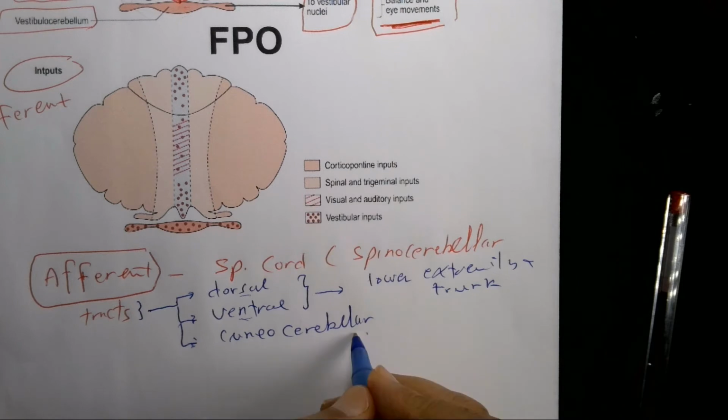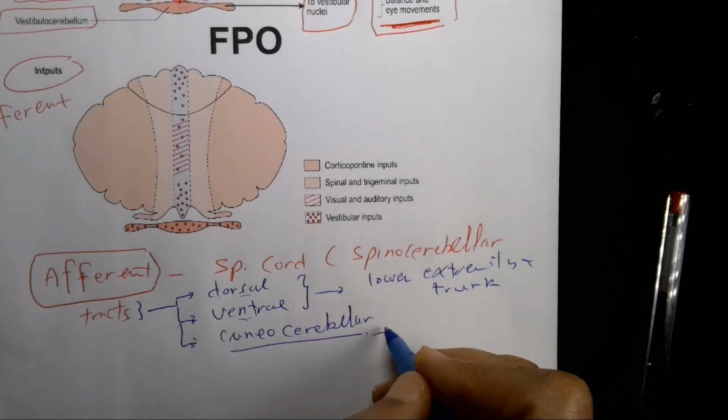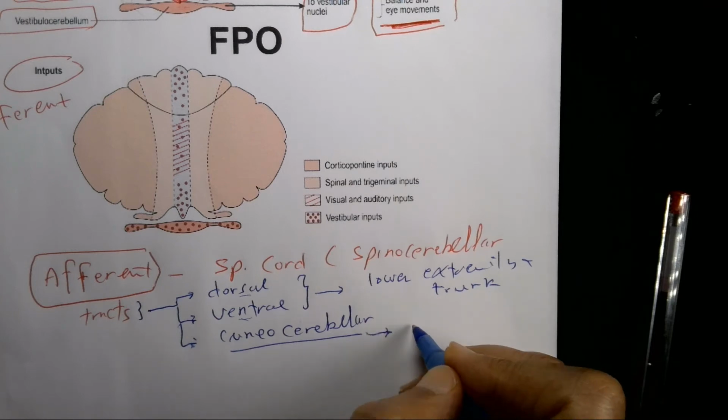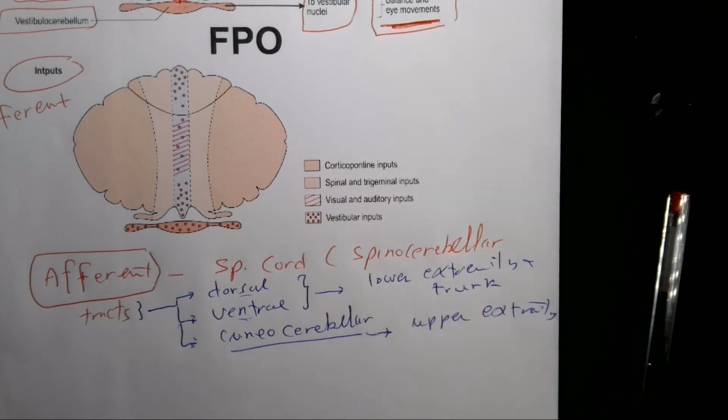Okay, the cuneo-cerebellar comes from the cuneate nuclei, and again this is related to the upper extremity. Okay, how do they enter the cerebellum? The dorsal enters the cerebellum through the inferior peduncle, and the cuneo-cerebellar also through the inferior peduncle. However, the ventral through the middle cerebellar peduncles.